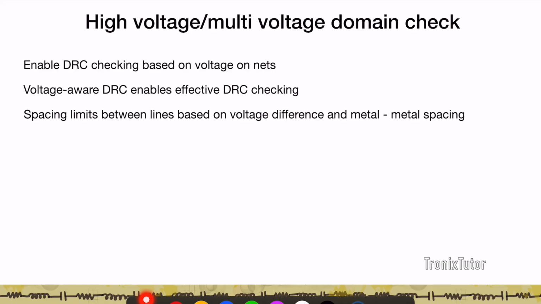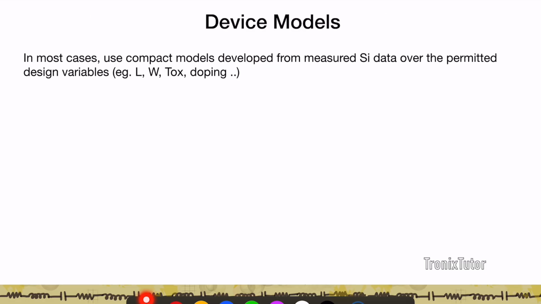And as I mentioned, based on this voltage difference, remember, depending on the number of voltage domains you support, the spacing limits might change, the metal spacing limits might change. So again, when you have this voltage aware DRC, you're able to flag if certain nets are of high risk.